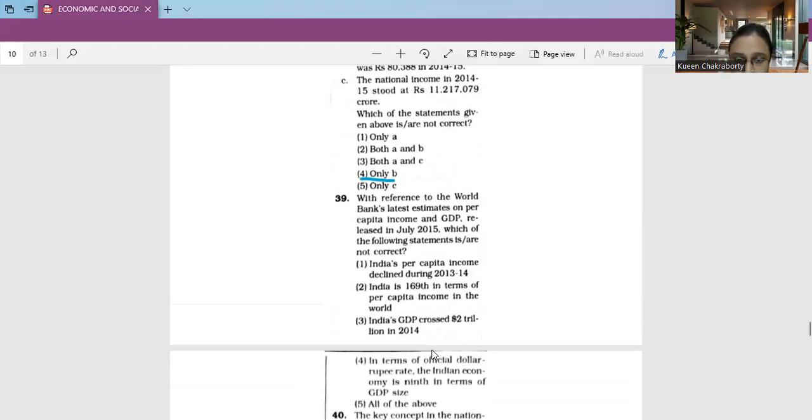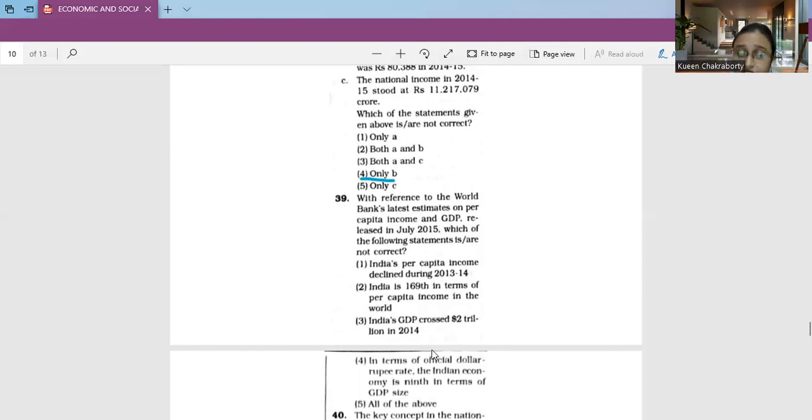Number 1, India's per capita income declined during the year 2013-14. Number 2, India is 169th in terms of per capita income in the world. Number 3, India's GDP crossed $2 trillion in 2014. And number 4, in terms of official dollar-rupee rate, the Indian economy is 9th in terms of GDP size. And number 5, we have all of the others.